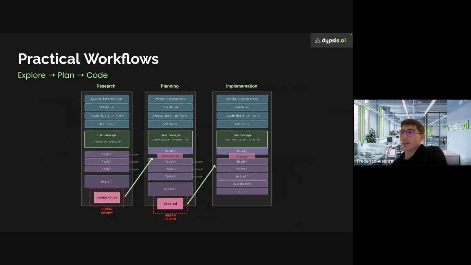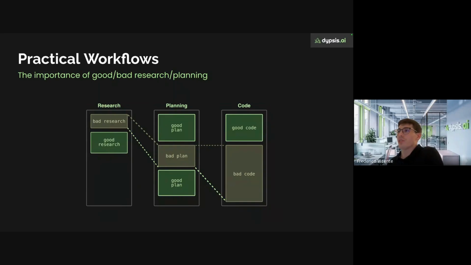When you do the planning, you can also output plan.md or a collection of phases.md, for instance. And it's very important also to review this, because if you don't review this, and if the agent assumes things that are not correct, the implementation will most certainly also not be right. And this brings me to this slide, which is one line of code is one line of code.